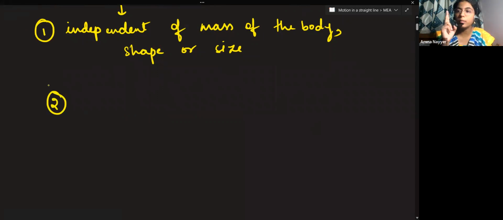The second important point is that acceleration due to gravity is always downwards. Why are we all standing on earth? Because a force is pulling all of us. How to calculate that force is none of your concern right now.